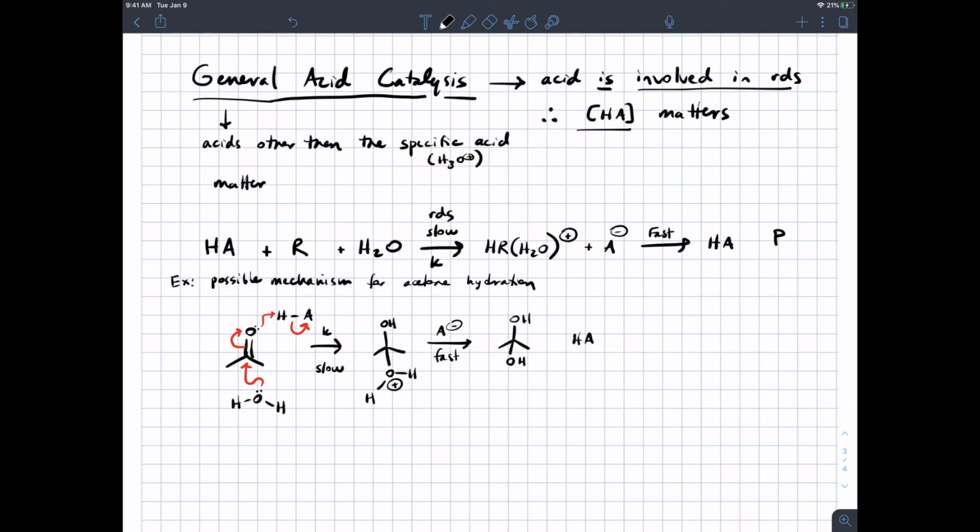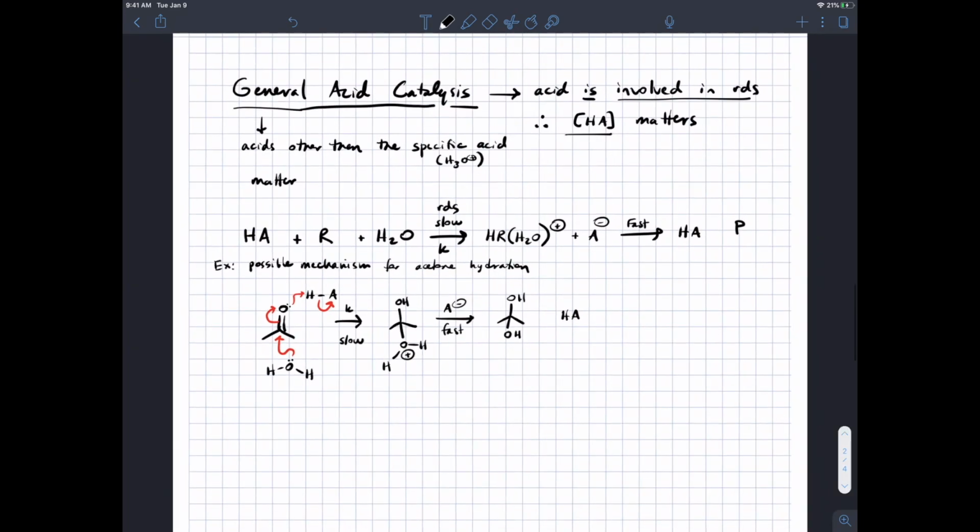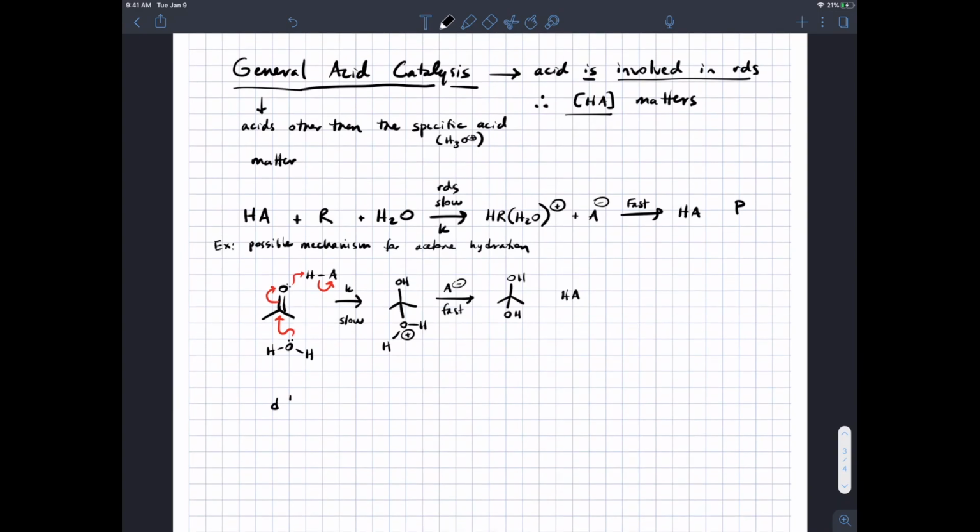Fortunately, the math is a little bit simpler here. So the appearance of our product is going to, in the case of the reaction that we've shown, depend on the concentration of our acid and the concentration of our starting material, and I suppose the concentration of water, though we're actually going to fold that into our rate constant, if that's okay.